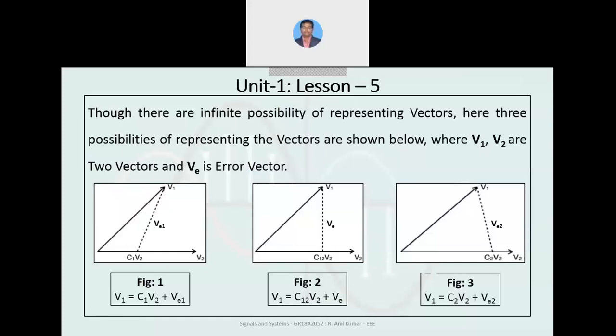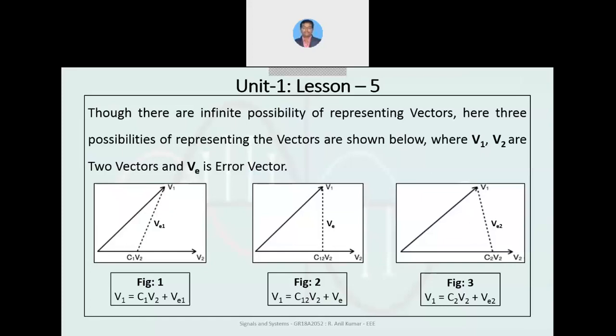The first condition is v1 equals c1 v2 plus ve1, and then ve2 with c2 v2. Here ve is expressed differently for different positions of the v2 vector. c1 v2 is nothing but c1 is a magnitude and v2 is the vector, and ve, already discussed, is an error vector.